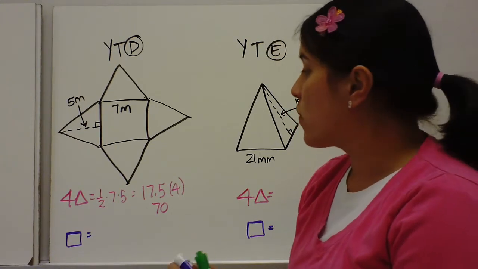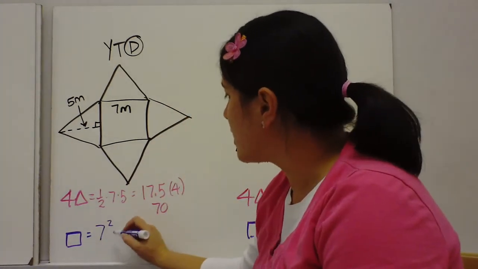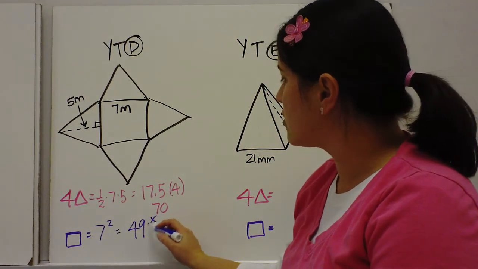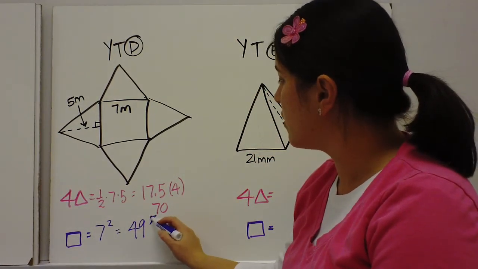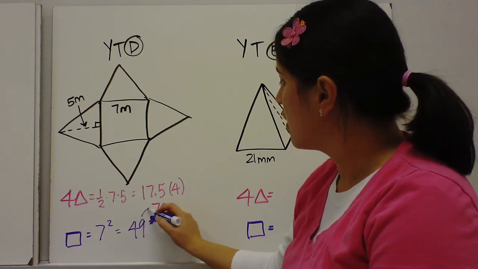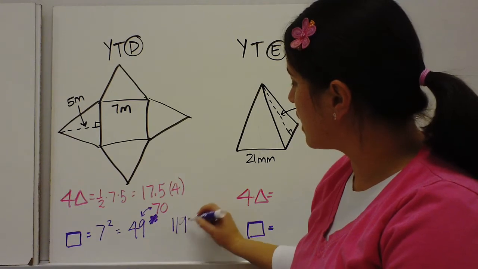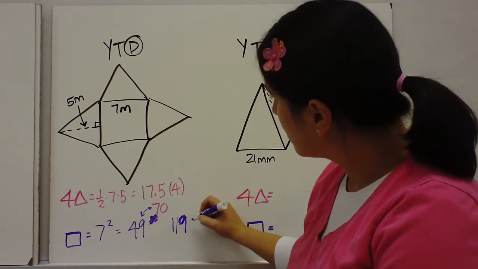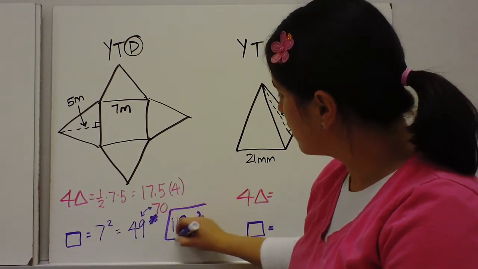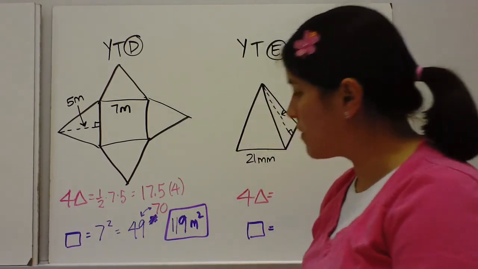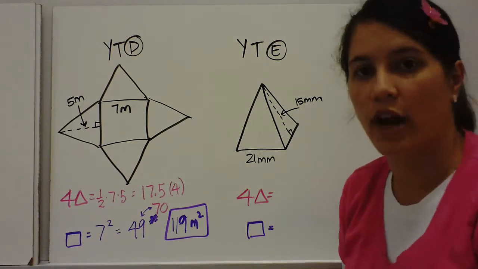And our square base is going to be a 7 by 7, which is 49. And when you add these two together, plus, that's a plus sign, we are going to get 119 meters squared. So I hope you got 119 meters squared.